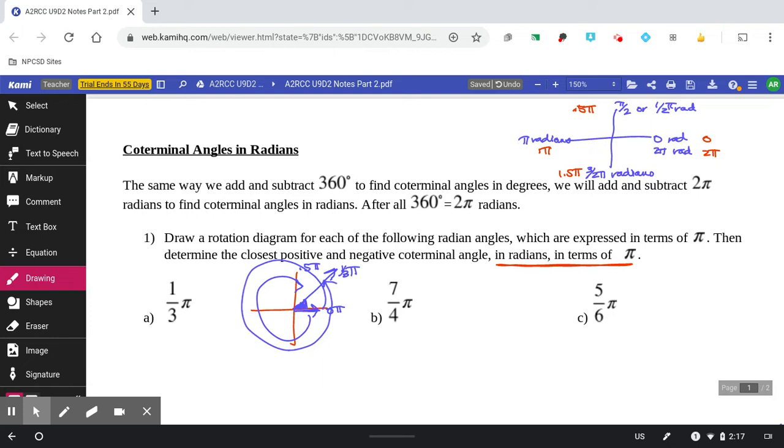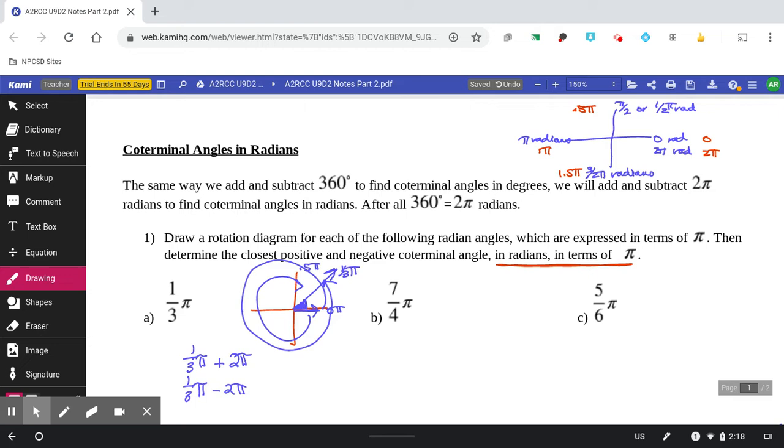All right, so really what it boils down to is finding the coterminal angles. So I want to take my 1/3 pi and I want to add 2 pi, and I also want to subtract 2 pi. We don't really care about the pi's here. It's like a variable almost in this particular problem, because we're keeping the pi in there.